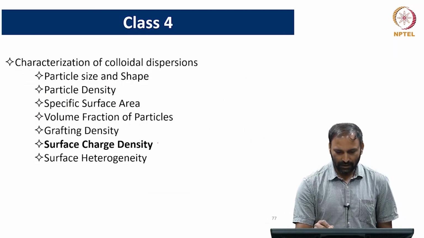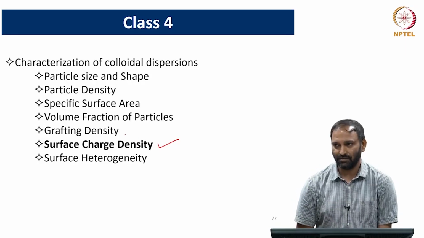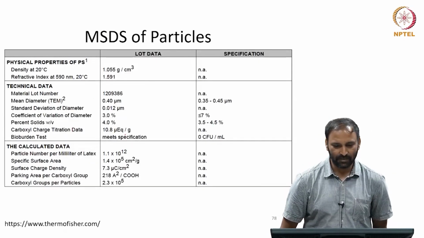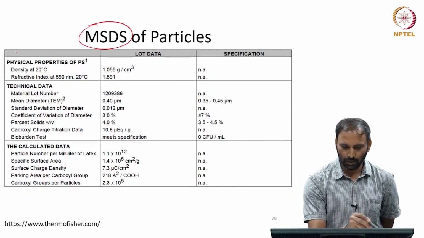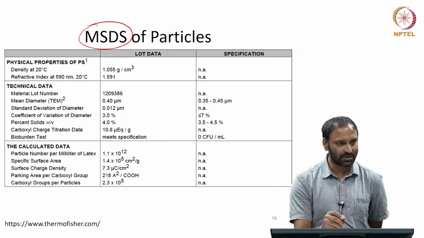The next one that is specific is surface charge density. Before we do that, I have taken an MSDS. People who work with chemicals would have heard of MSDS, the material safety data sheet.